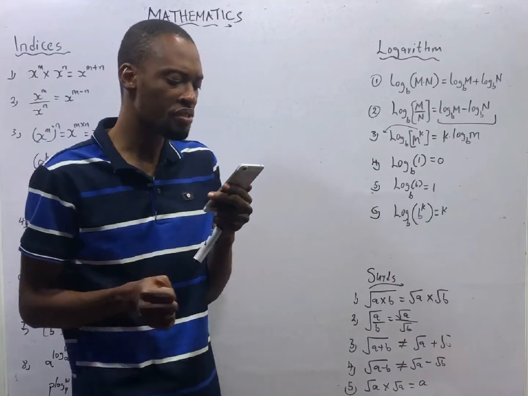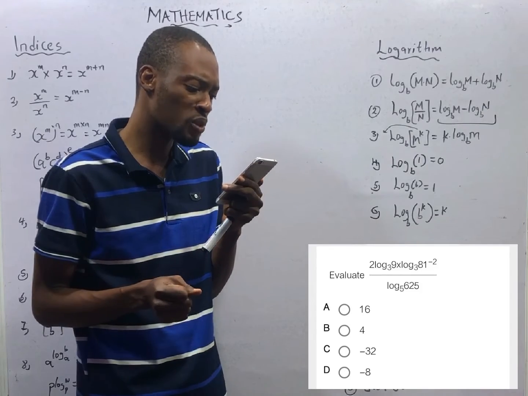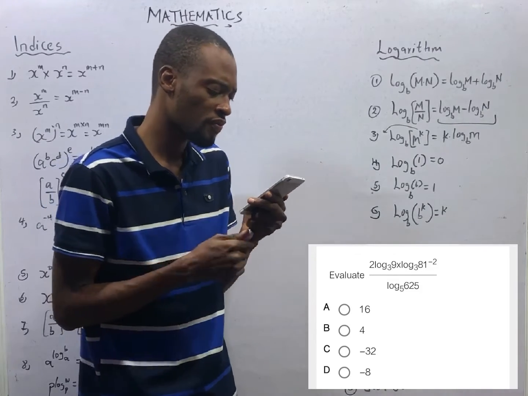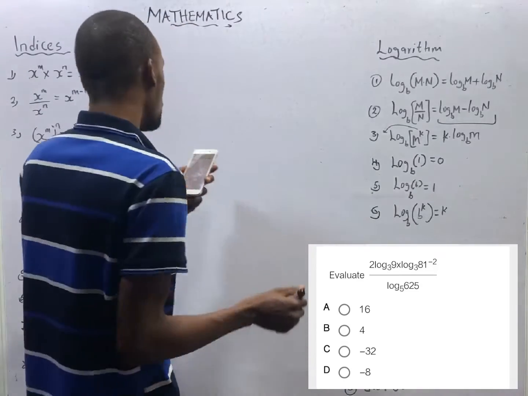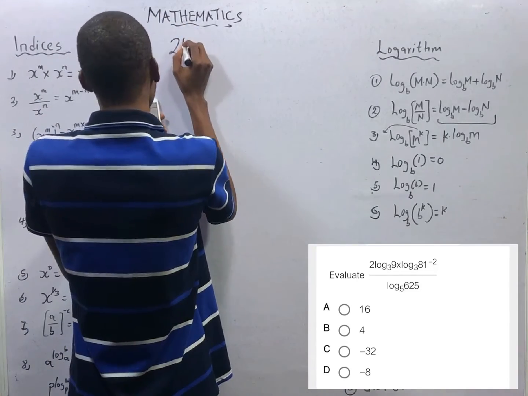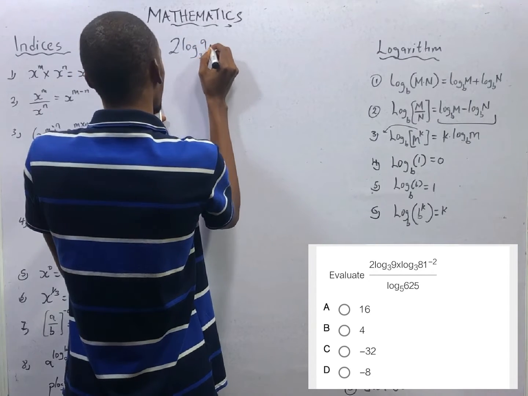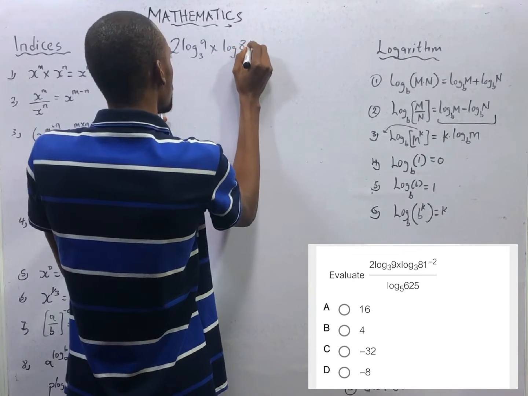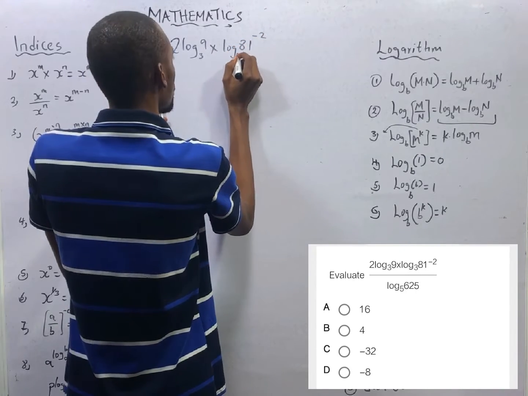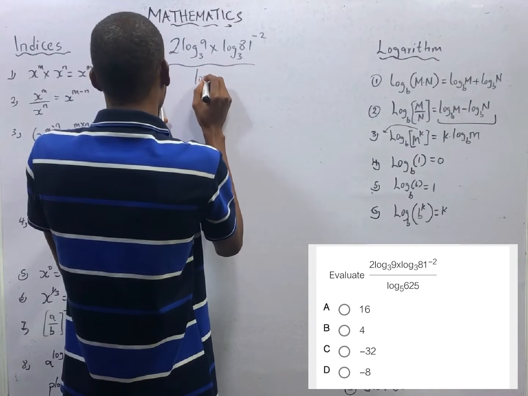Next question: 2 log 9 with base 3 times log 81 raised to the power of minus 2 with base 3, over log 625 with base 5. It looks complex, but it's something you can solve easily.